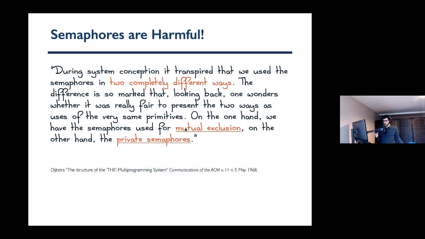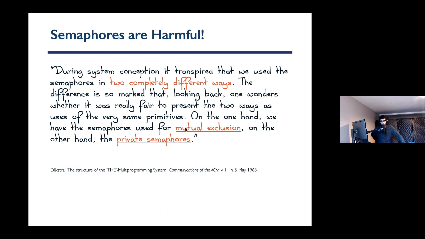So in 252, as far as I know, you probably used semaphores a lot. You implemented projects with them. But they are harmful, as your textbook puts it. And this is from Dijkstra's article.